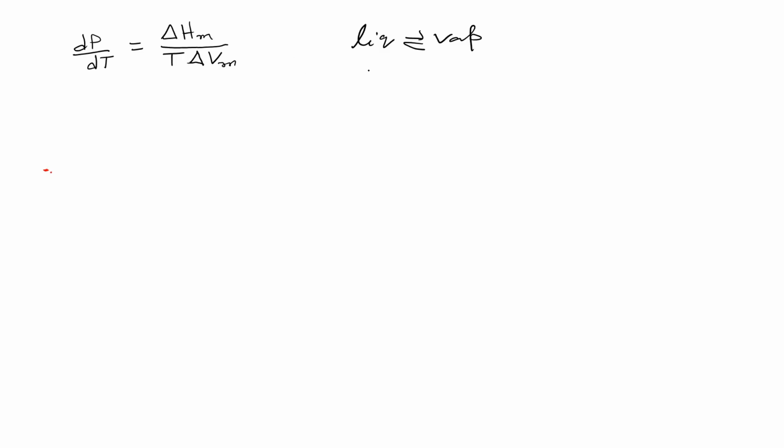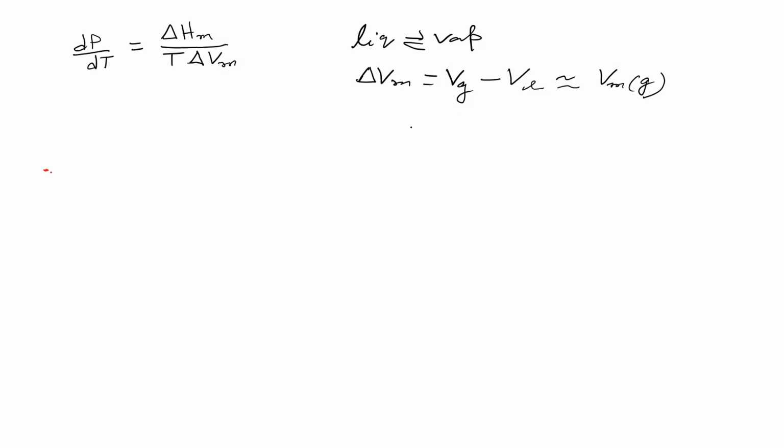Now this delta Vm is equal to V gas minus V liquid, that is the volume of the vapor minus the volume of the liquid, which I approximately take as V gas, the molar volume of the gas.